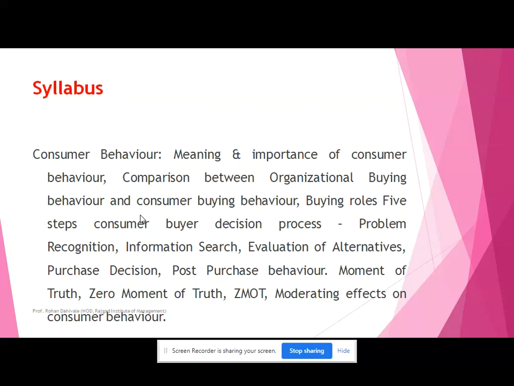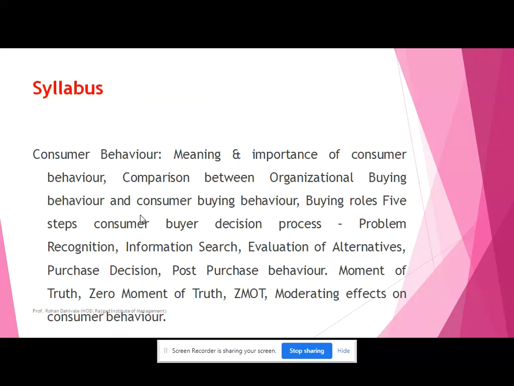Then in the last part of this unit, we will understand what you understand by moment of truth. Then ZMOT, that is zero moment of truth, and the moderating effect on consumer behavior. So this is about unit number 4.